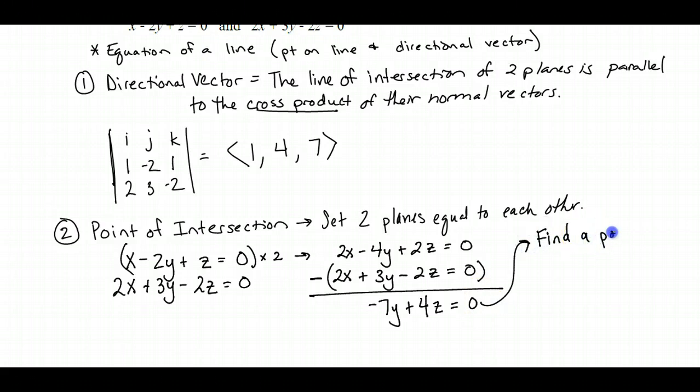So find a point that works. Generally what that means is that you're going to want one value that should equal 0. That's going to be the easiest way. So let one variable equal 0.